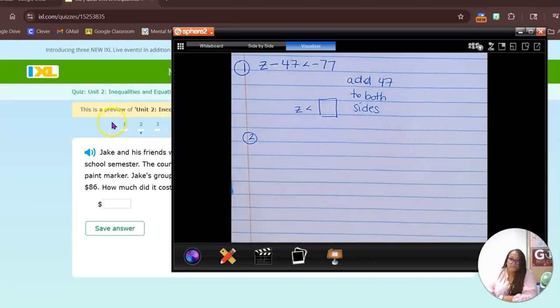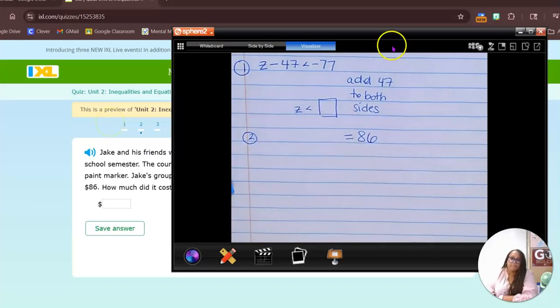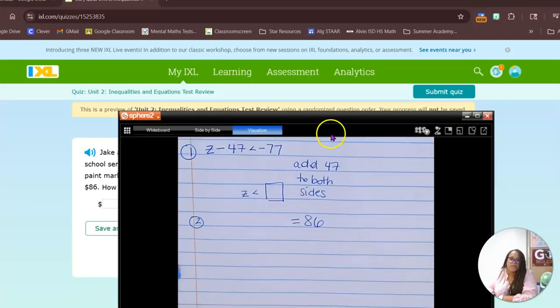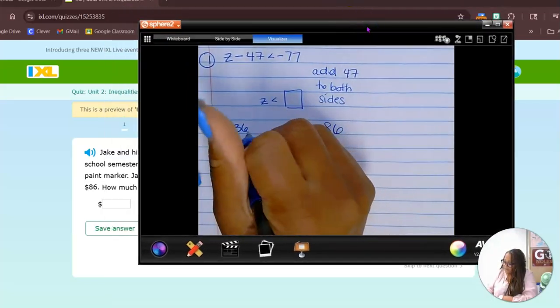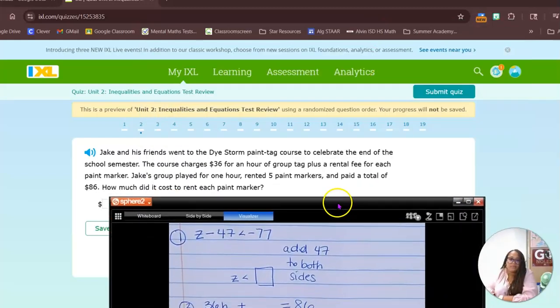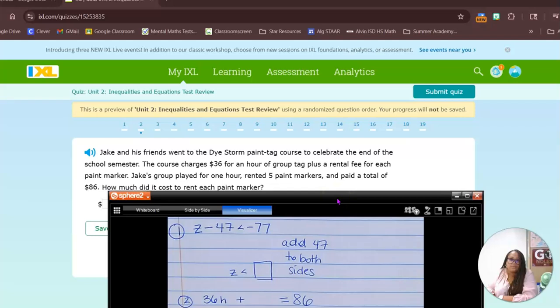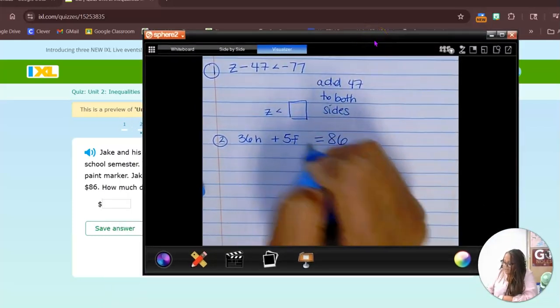So the total was $86. And then it was 36 for an hour of tag, plus a rental fee for 5 paint markers. So plus 5 markers and the fee.